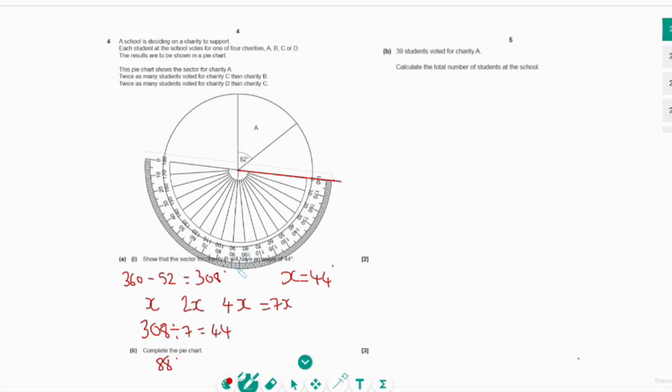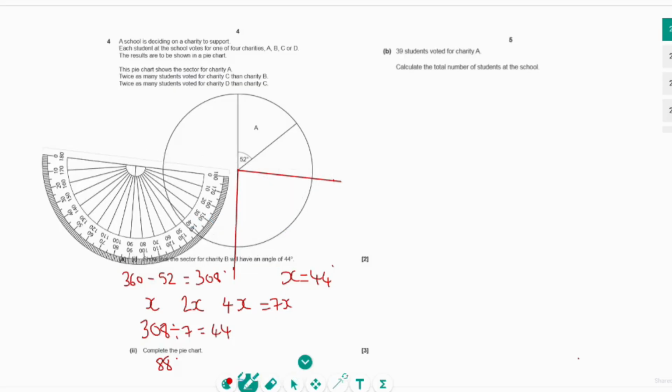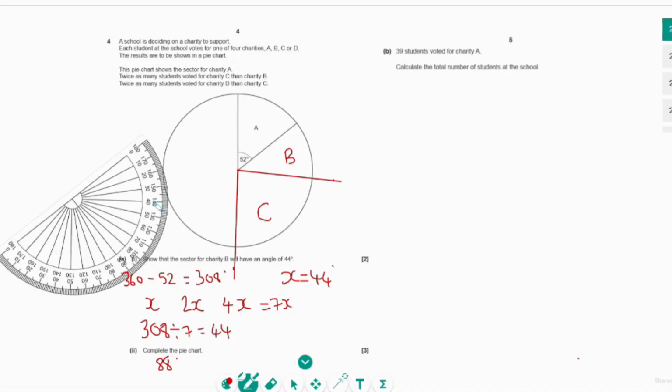So 88 is about here. So charity B. C. For D, it would be 44 times 3.